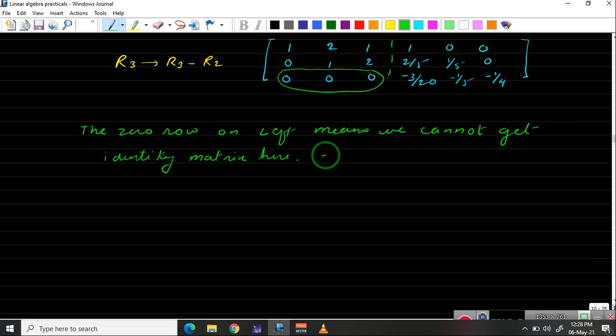And thus A is not invertible, and a matrix which is not invertible is called a singular matrix.